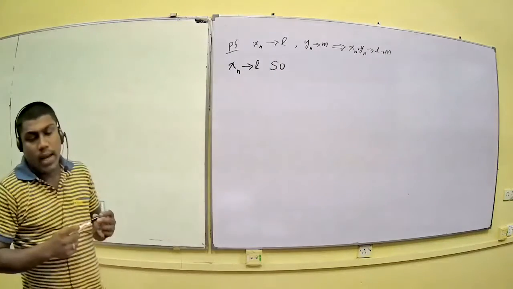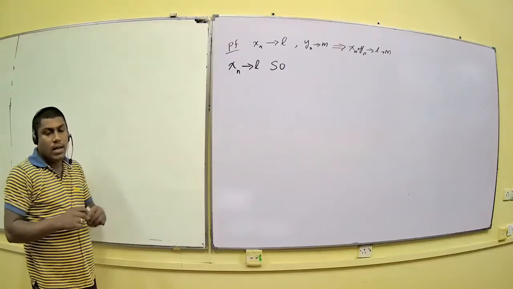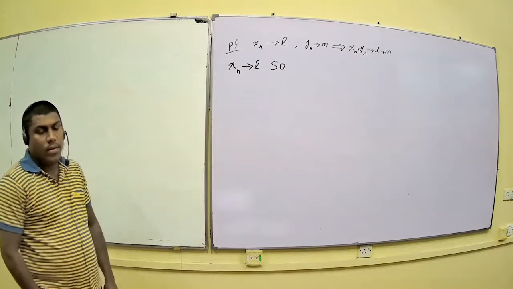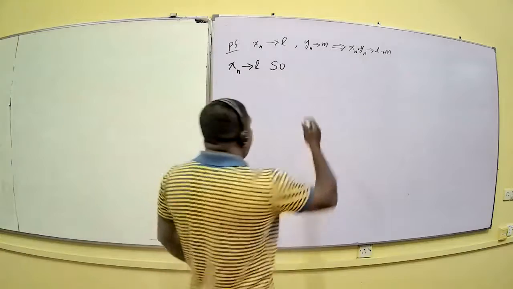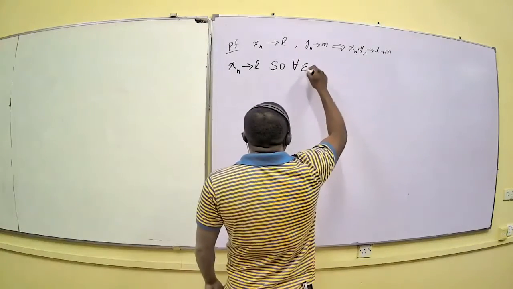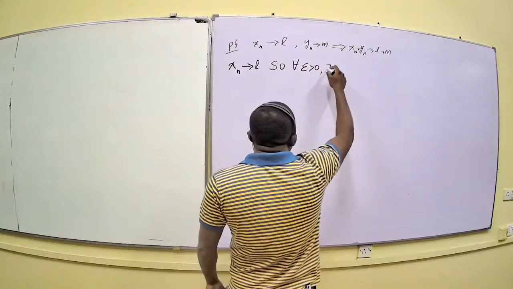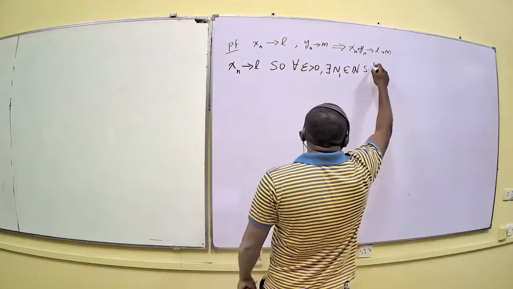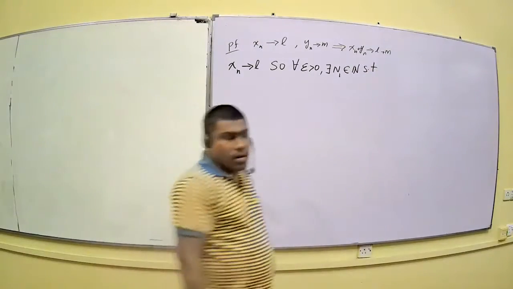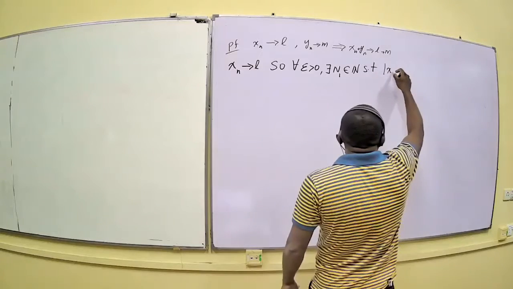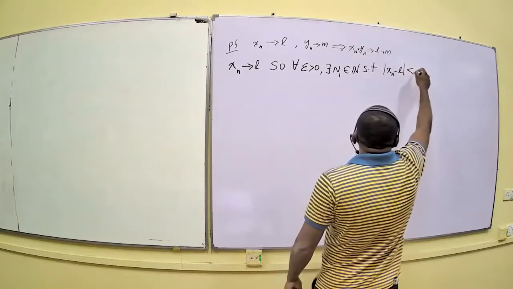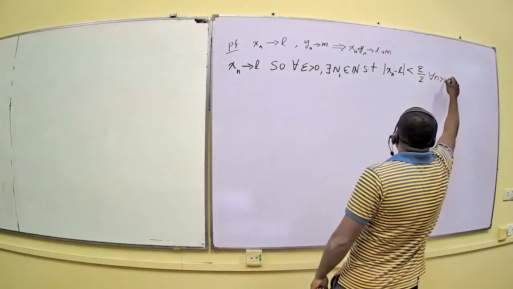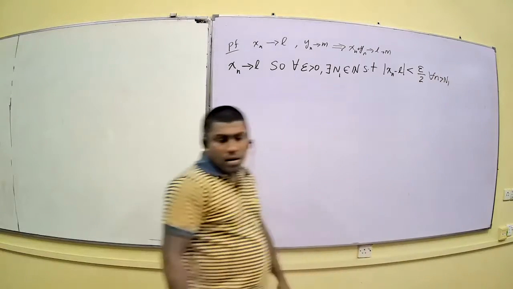So given xn converges to L, I use the notation xn arrow L, that means xn is converging to L. For every epsilon positive, there exists n1 belongs to natural number such that |xn minus L| is less than epsilon over 2 for all n greater than n1.